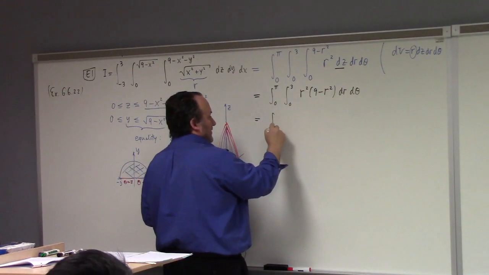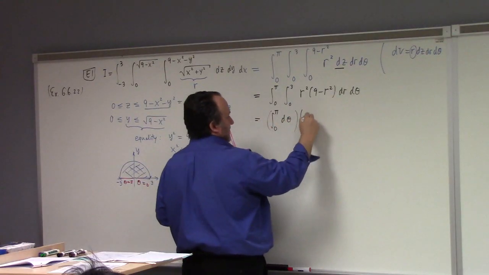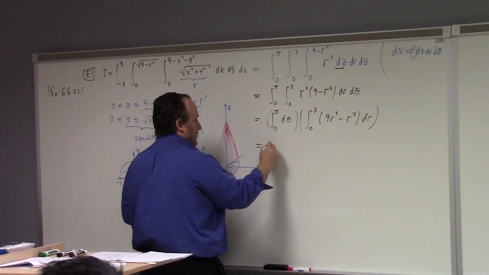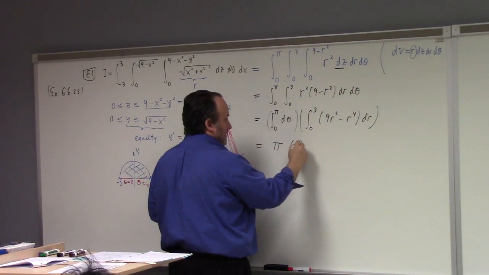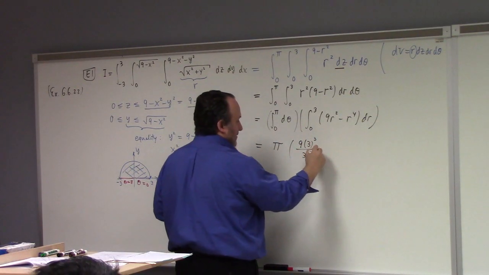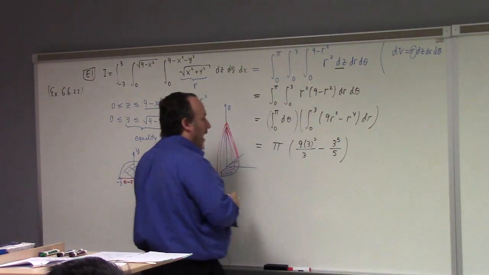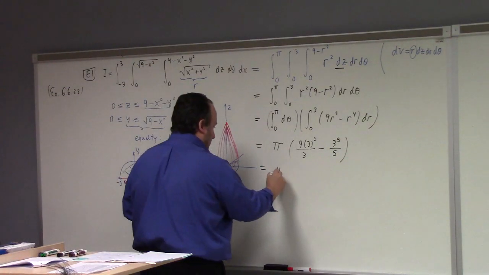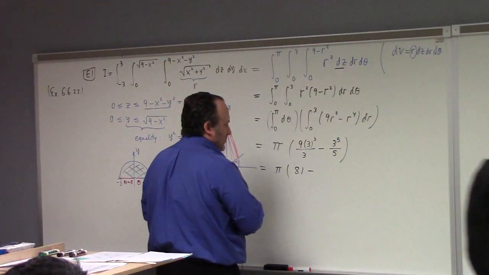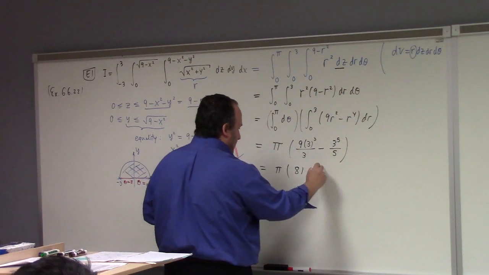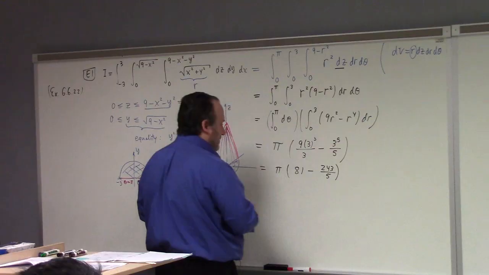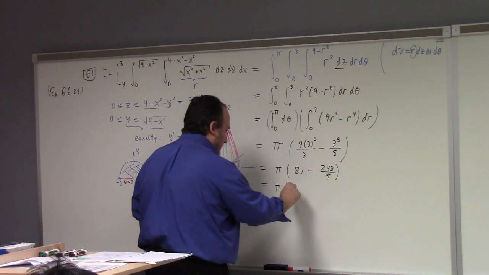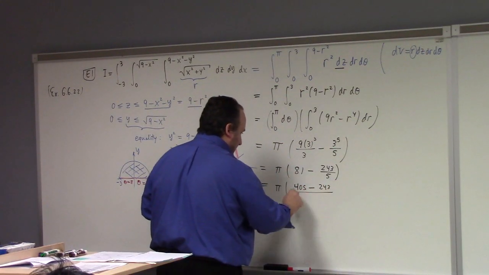And so I've got the integral from 0 to pi d theta times the integral from 0 to 3 of 9r squared minus r to the power 4 dr, which is going to give me pi times 9 times 3 cubed divided by 3 minus 3 to the power 5 over 5, which is pi times, I think, 81 minus 243 over 5, which is 405 minus 243 over 5, I think.